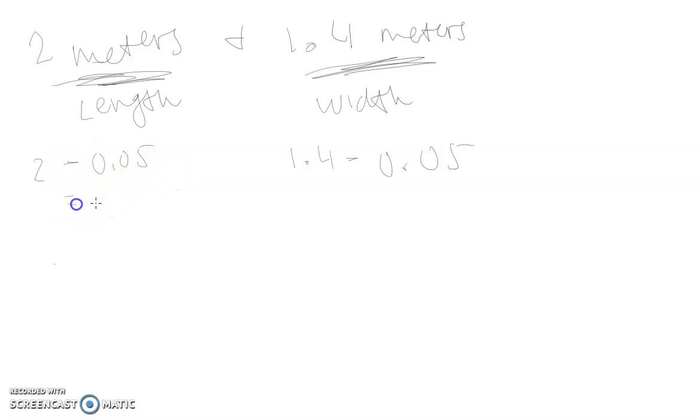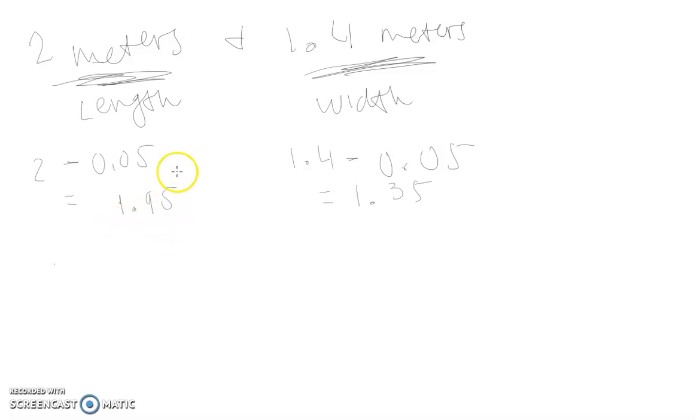So first we're going to find the values of the minimum length and the minimum width, because precision and accuracy are obviously not on the exact point of what you're measuring. So you can just subtract or add, it's like give or take, you know? So 1.4 right here is going to turn into 1.35. And this is going to turn into 1.95.